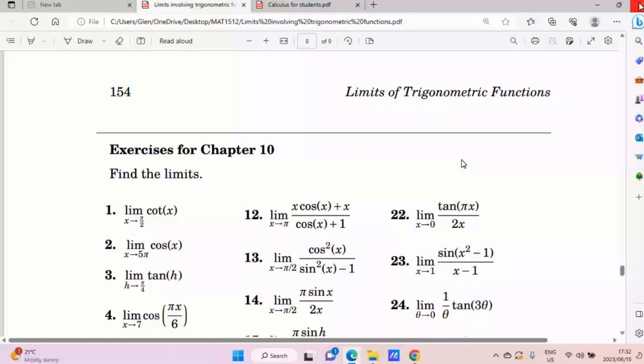Whether you call it CAST or what, as long as you follow what I'm talking about. The most important thing to remember there is that in quadrant number 1, we've got 360 degrees minus theta. Do we agree? Yes, sir. Then the second quadrant, we've got 180 degrees minus theta.